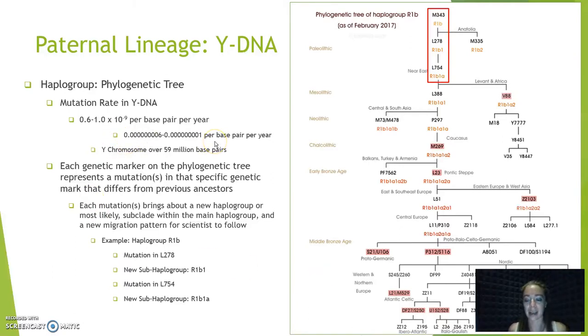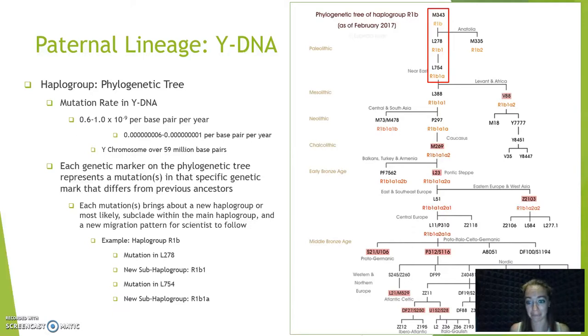So, I mean, it's incredibly low. So do keep that in mind. Mutations do not happen overnight. They're not supposed to happen because your body should be able to fix your DNA when errors occur. But that's how we all become unique, that's how we all become different, and that's how we're able to chase migration patterns throughout time.